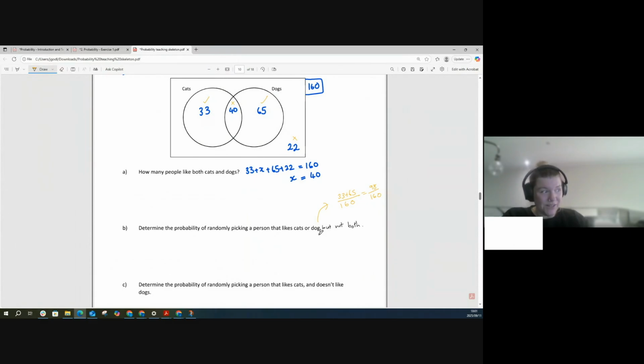Nice, easy one. Determine the probability of randomly picking a person that likes cats but doesn't like dogs.